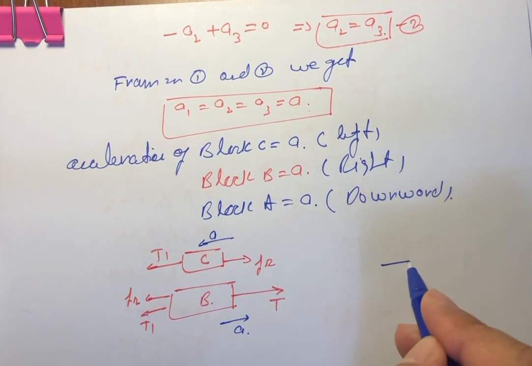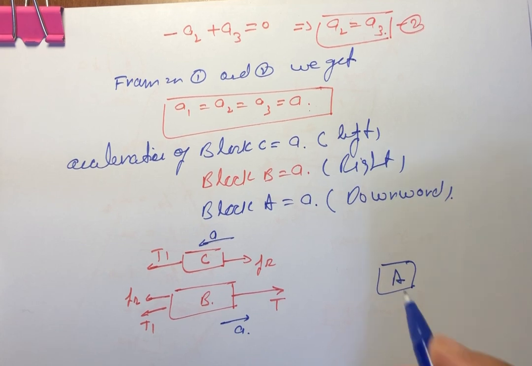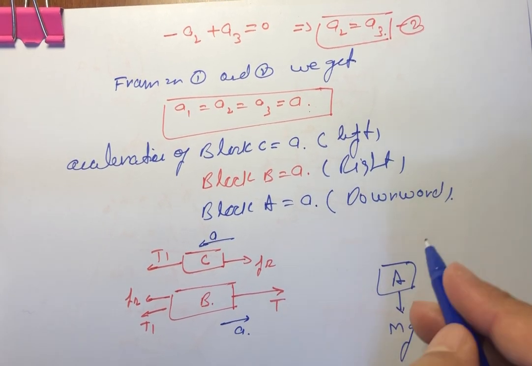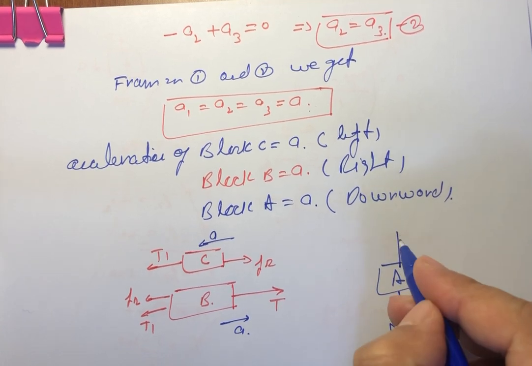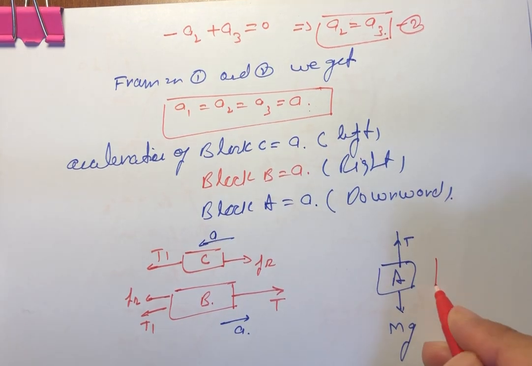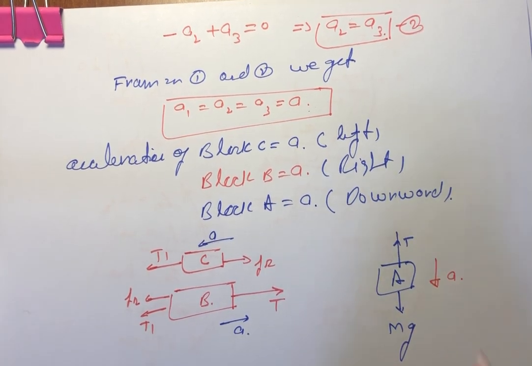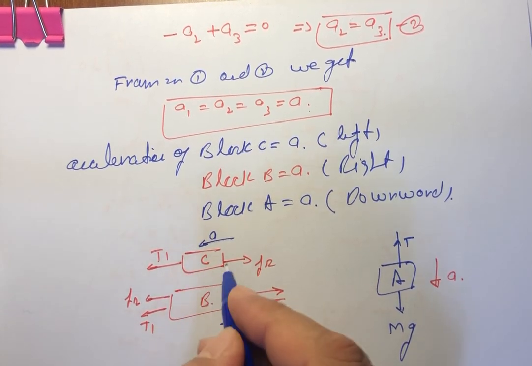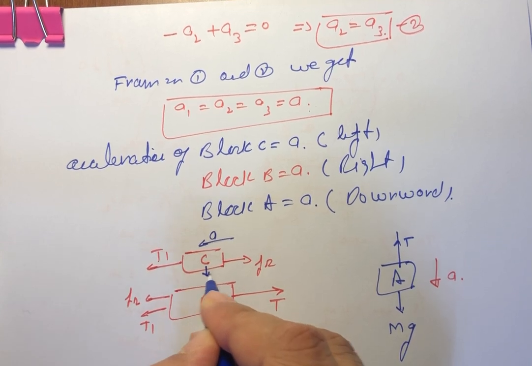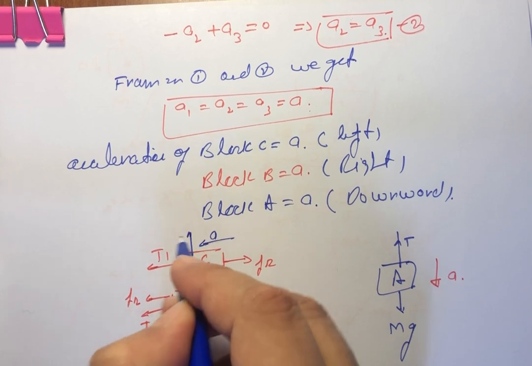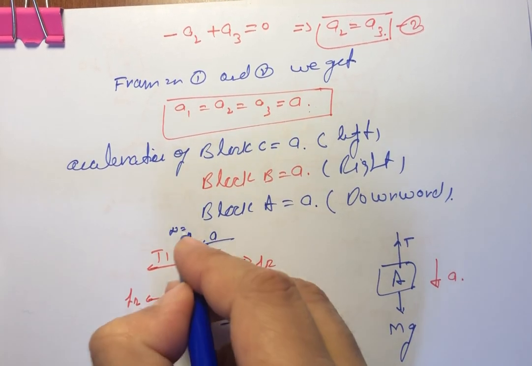And for block A we have mg, and we are going to have a tension T, and it is moving in the downward direction with the acceleration of a, and there is a friction between B and C. So this is going to have mg in the downward direction, and there is normal N whose value will be equal to mg.